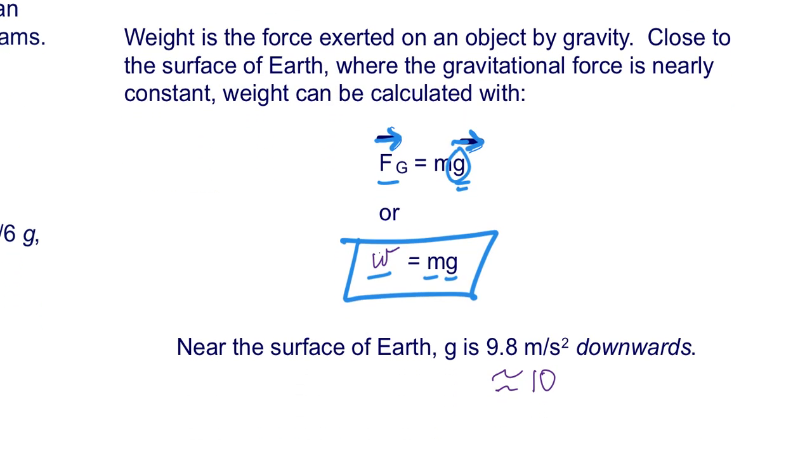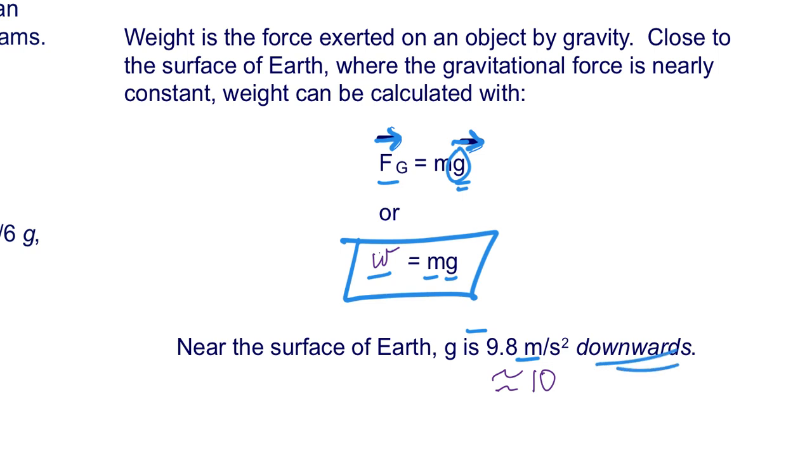So we don't put a negative. Well, we can put a negative on the acceleration due to gravity, but if you do, that's just representing the weight as downward. The direction of the acceleration, little g, is the direction of the weight, which is always downwards.